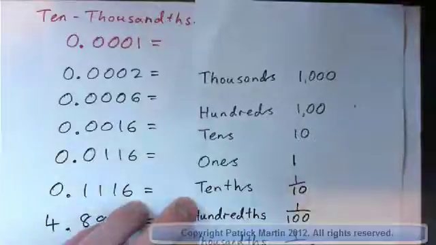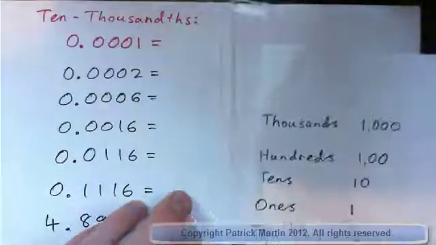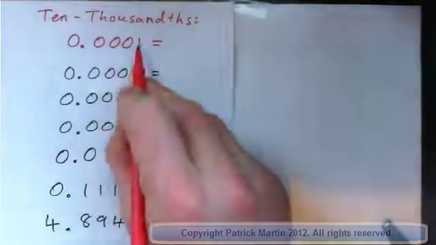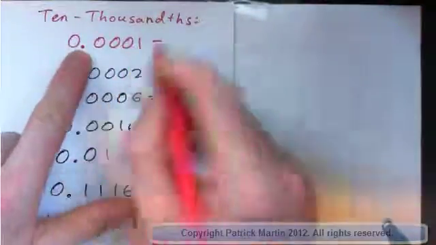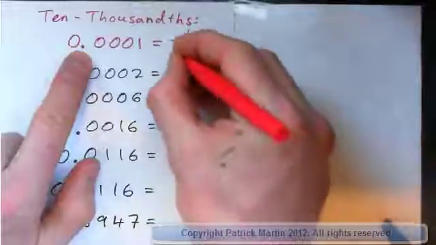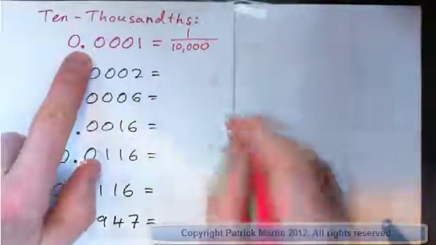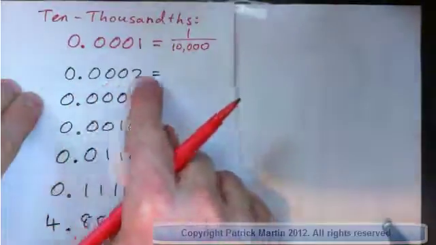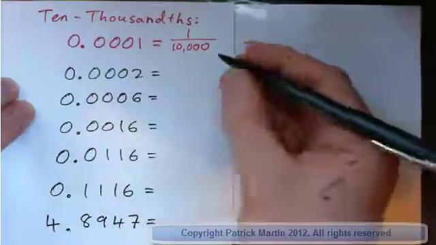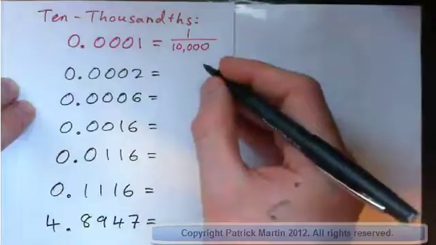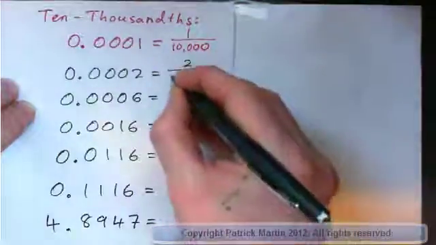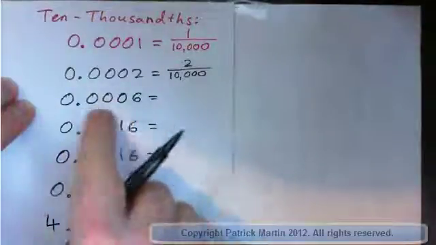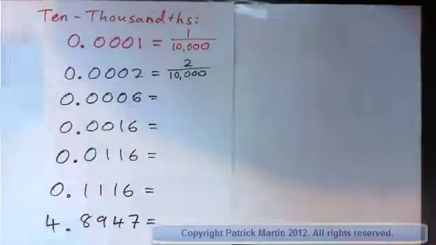Anyway, so 10 thousandths, and that is 4 digits past the decimal point to the right. So that is 1 over 10,000. Right? So 0.0002 is 2 10,000ths. Right? How about this guy? 0.0006.